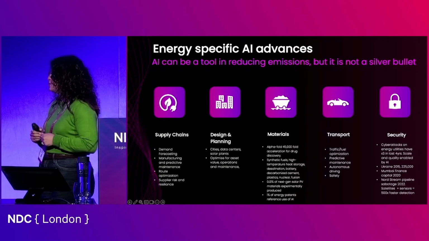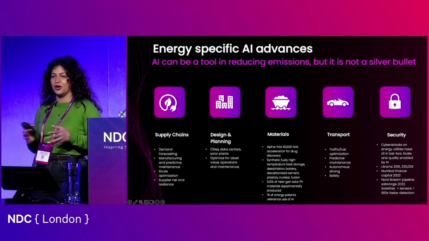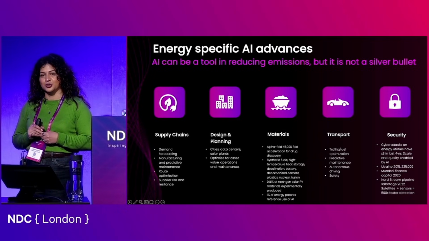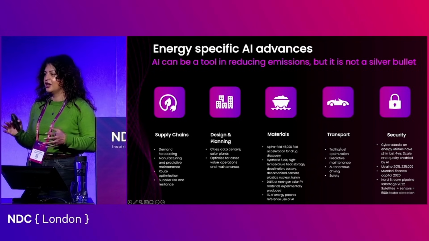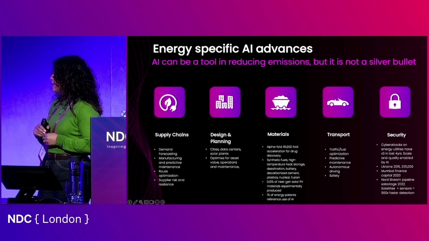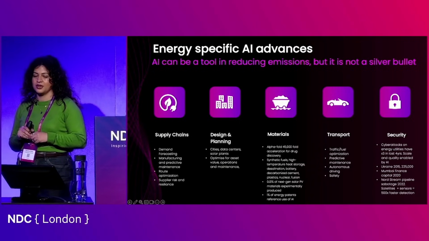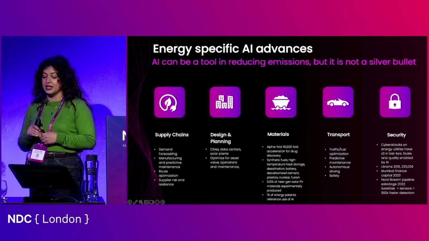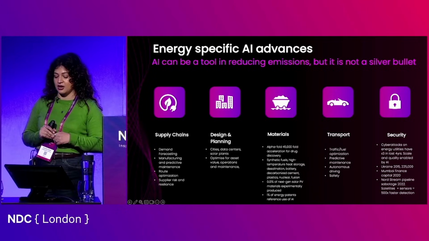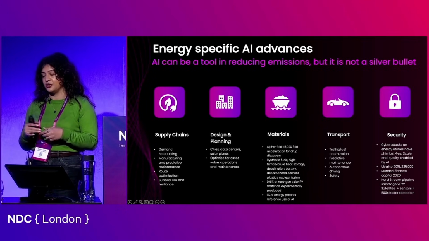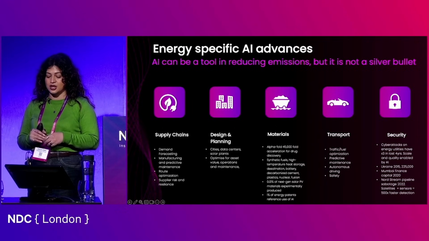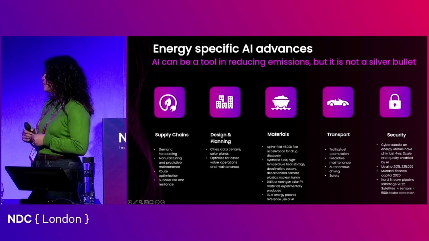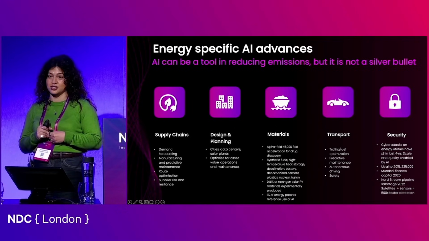Materials is a really interesting one. Did any of you follow the story around AlphaFold? No? Okay. It's a DeepMind creation, but ultimately they changed, using AI, the acceleration with which we can fold proteins. AlphaFold specifically led to a 45,000-fold acceleration in drug discovery.